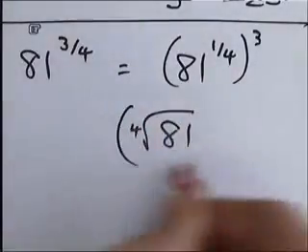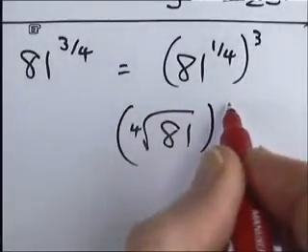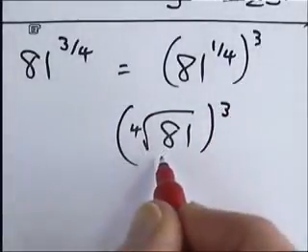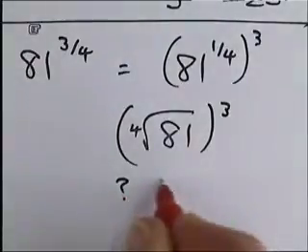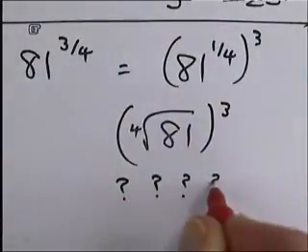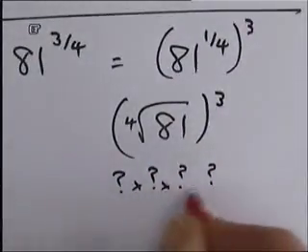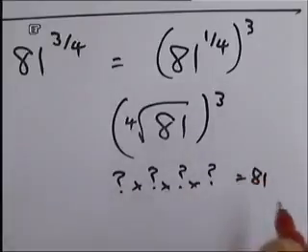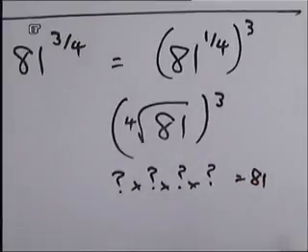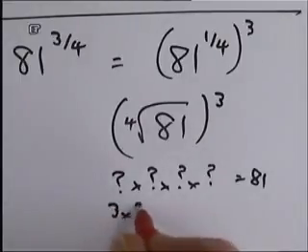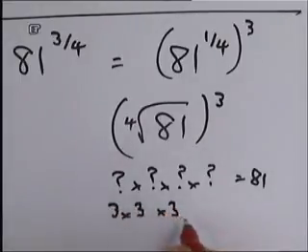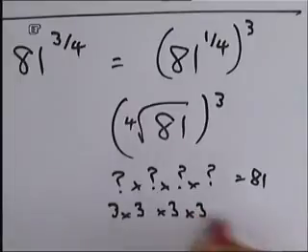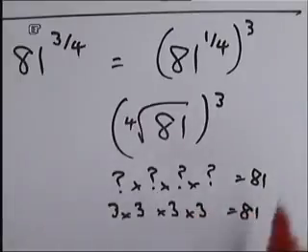And then that has to be cubed. We mustn't forget about that 3. The 4th root of 81 means what number do I write down 4 times and times together to get 81. The answer is 3. 3 times by 3 is 9, times by another 3 is 27, times by another 3 is 81.